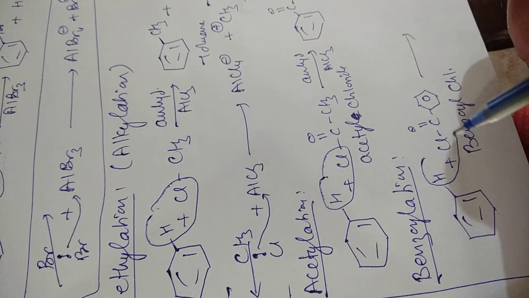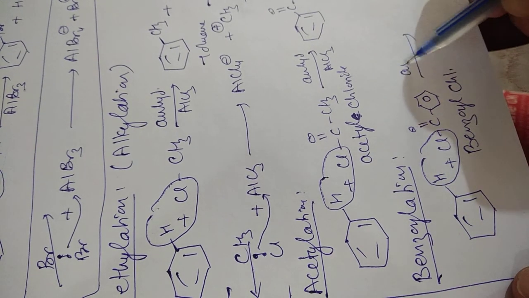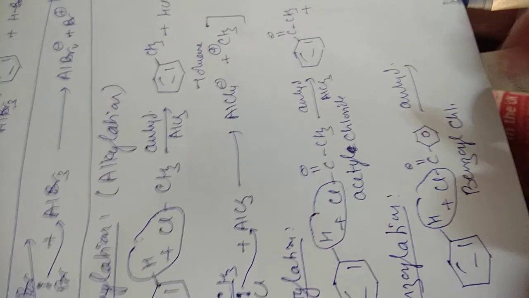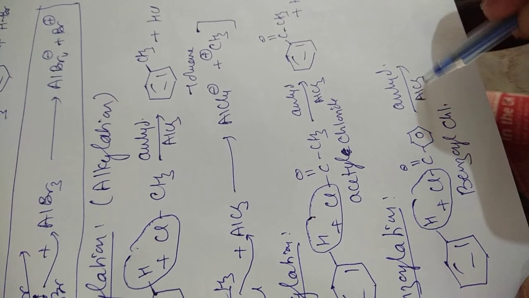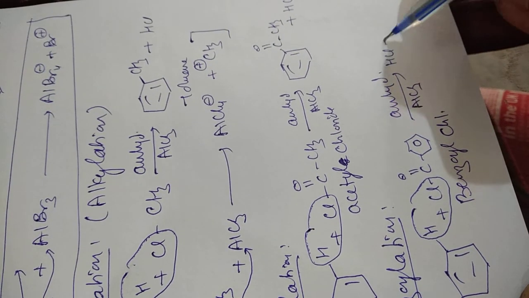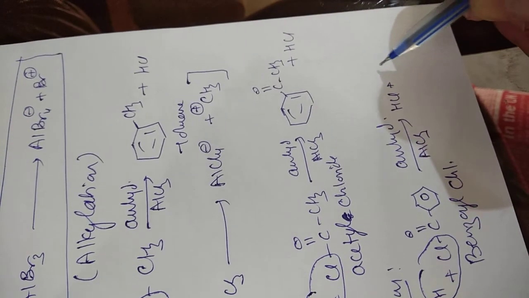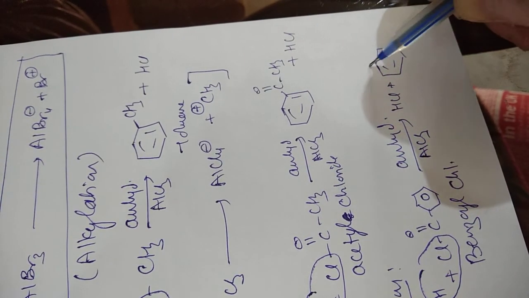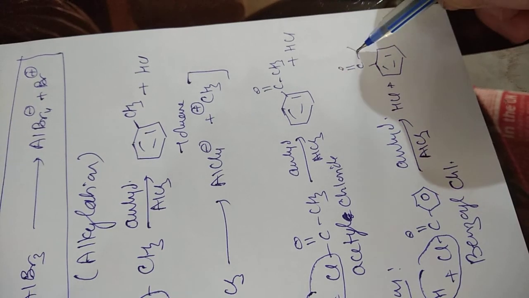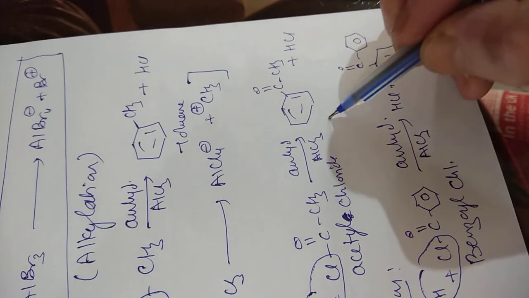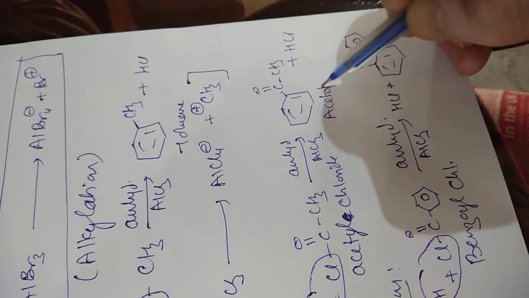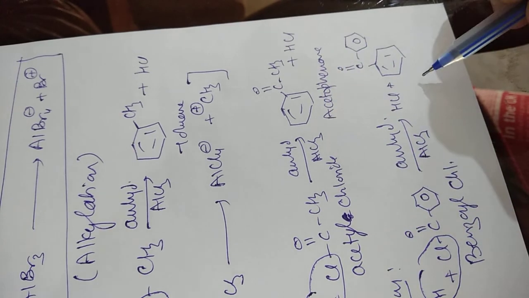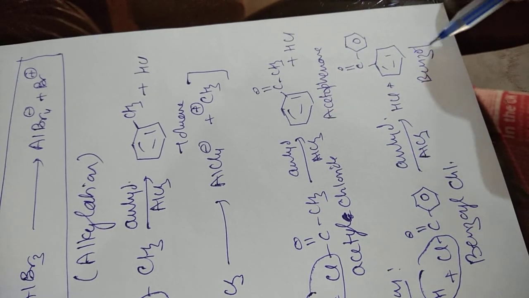In presence of anhydrous AlCl3, it will lose HCl and benzophenone will form. This is acetophenone and this is benzophenone.